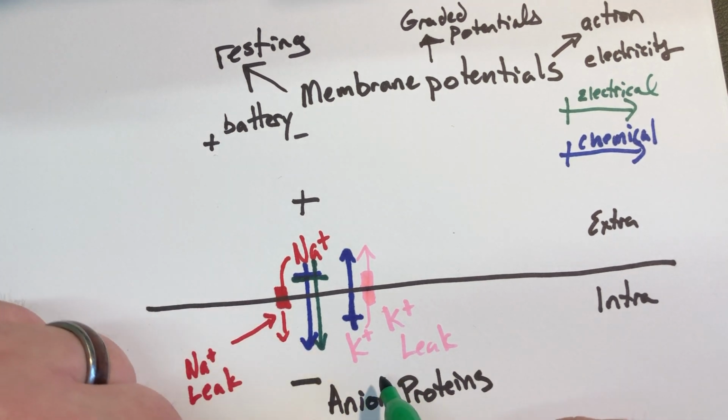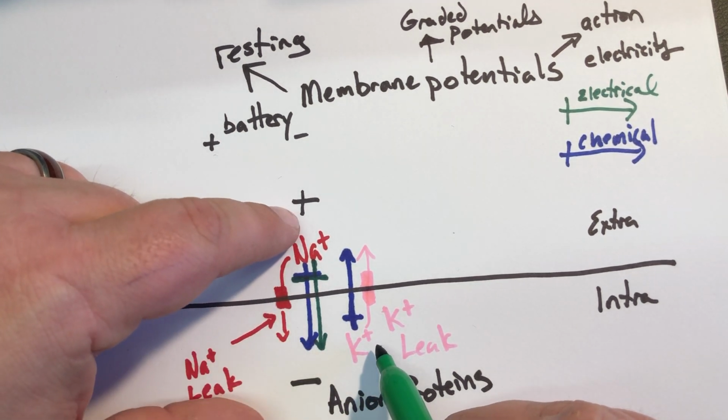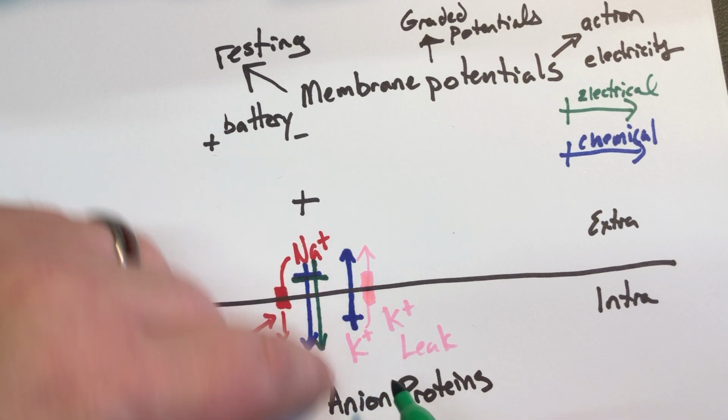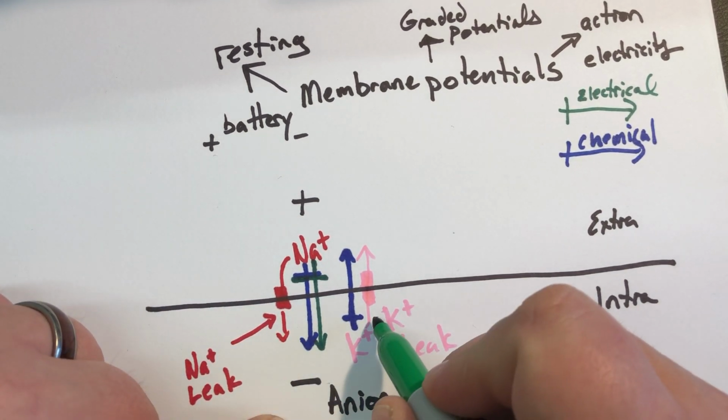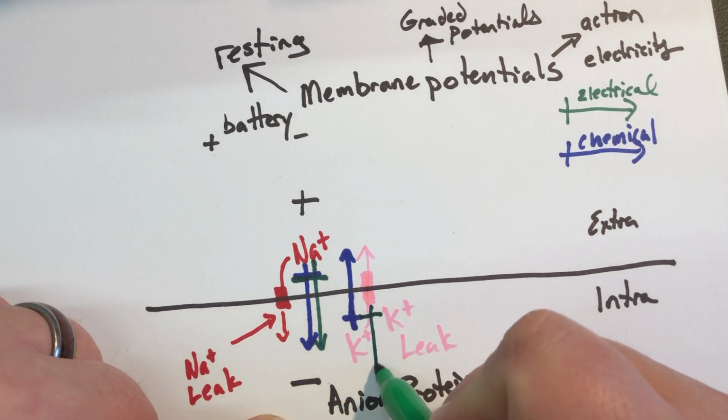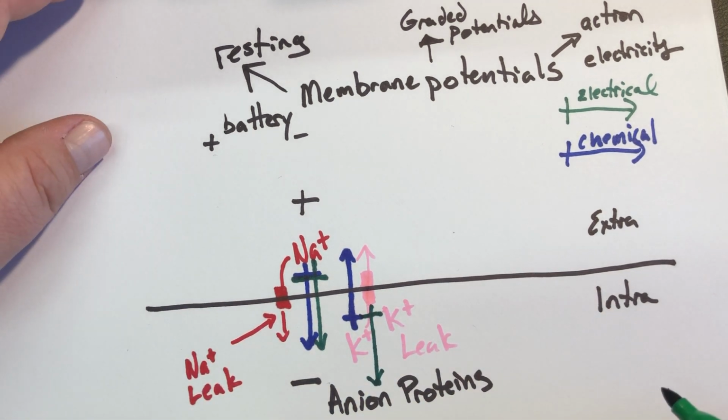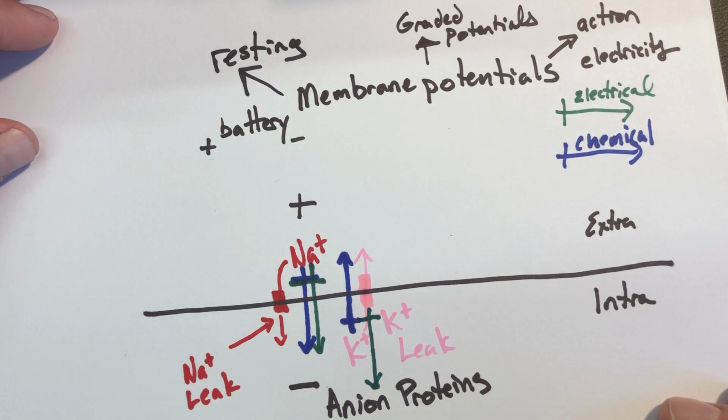For potassium, however, the outside of the cell is positively charged, so that's actually going to repel the potassium. Potassium is going to be more attracted to these negative anion proteins, so you have this opposing electrical gradient, while for sodium it's drawing it towards the inside of the cell.